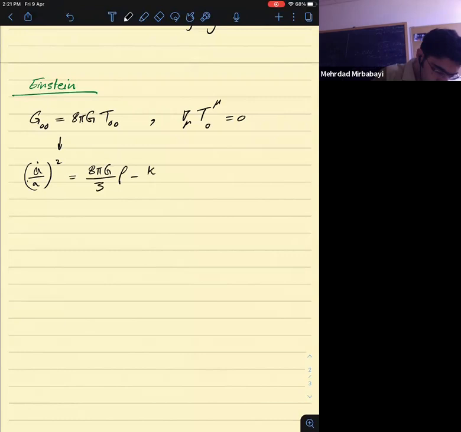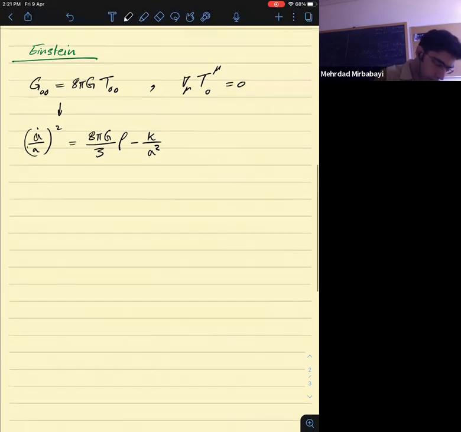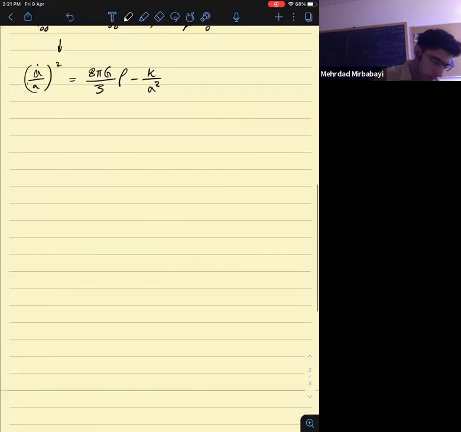So that will be minus k divided by a squared. Remember, k can be 0, plus 1, or minus 1.